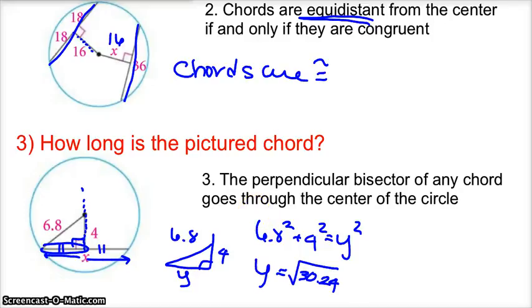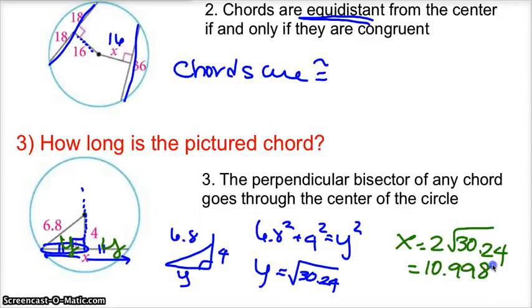Well, if y is half, then this value is y and this value is y. So x is essentially 2 of those y values, which I did end up typing in my calculator because I know you guys like it better, and it gave me approximately 11.0.